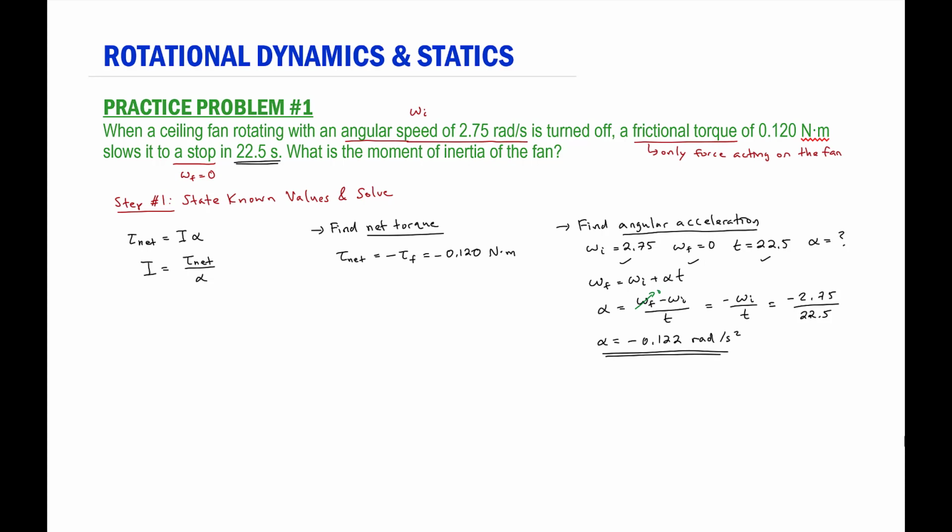We have net torque is equal to negative 0.120 Newton meters. Now we just plug this into our equation for I, and we have negative 0.120 divided by negative 0.122, and we get I is equal to 0.982 kilogram meter squared.